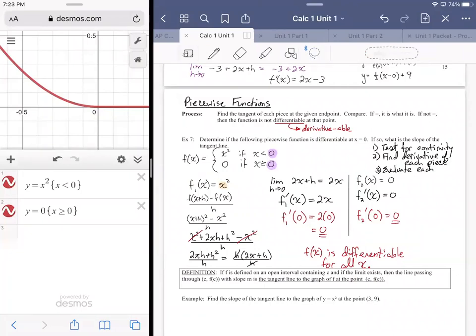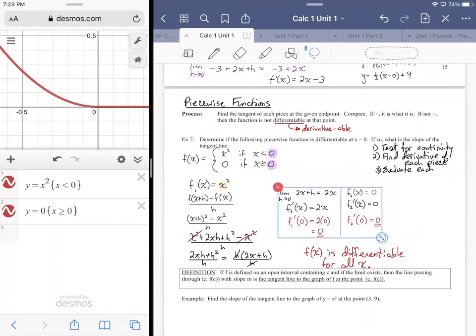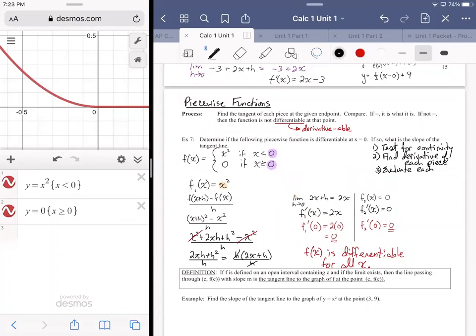I need to steal some more room here. All right. And if all those things check out, then you have a differentiable function. If you get failure on any level, then you don't. Right.